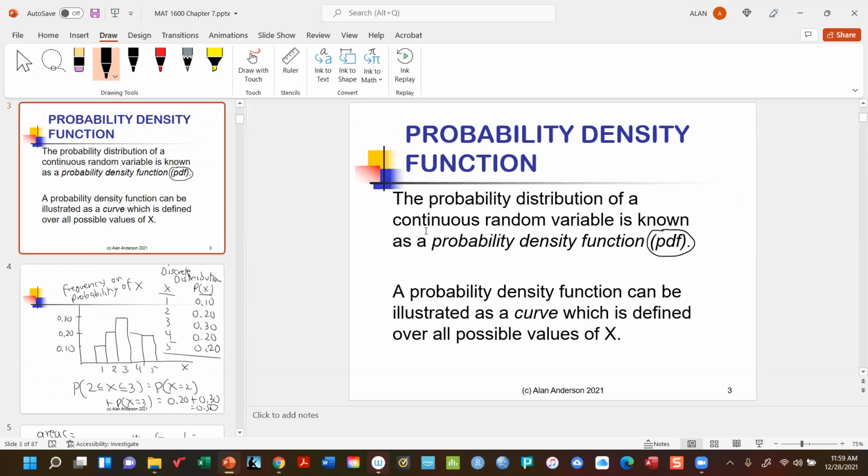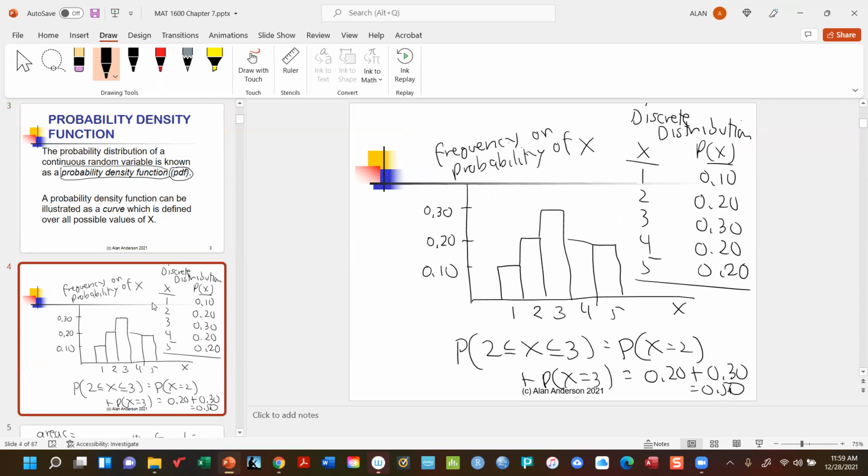All right, well, anyway, what's going on here? Now there's some new terms that we need to introduce. The function that lets us calculate probabilities has a very formal name. You don't have to memorize this, but the formula in this chapter is called a probability density function, which is often abbreviated PDF. And what's changing now is that instead of having a series of bars like we did in chapter 6, like here, for example, this is a classic example of a discrete distribution, which is illustrated with a histogram.